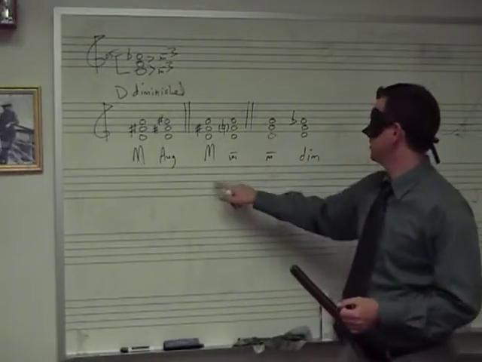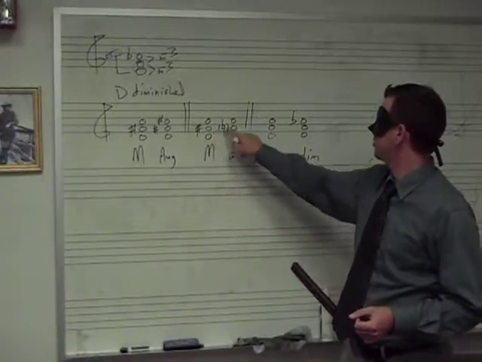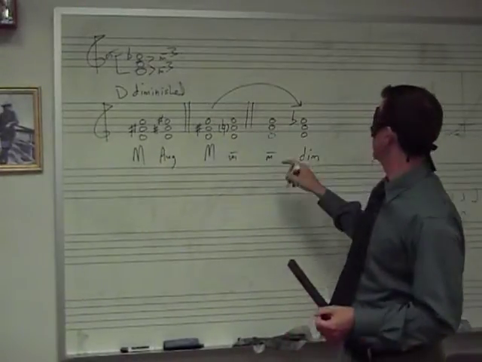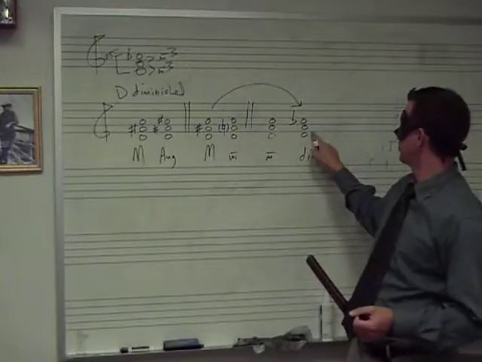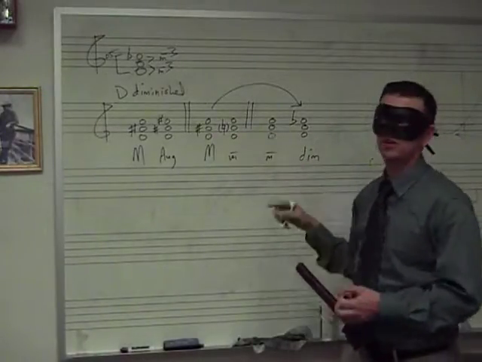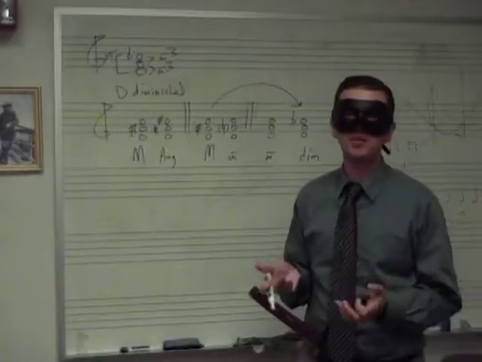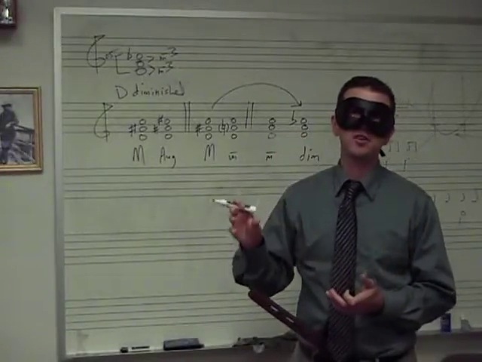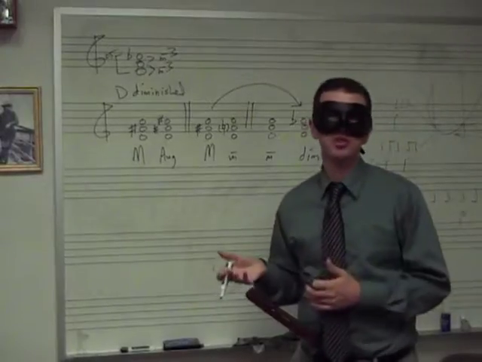So another way you can think of it is if you take major and you lower the third and you lower the fifth, you will eventually get diminished, right? Lower the third and lower the fifth, you get diminished. So that's another way of thinking about the diminished triad, is it's like major, but you lower the third and the fifth instead of just lowering the third, which would get you minor.